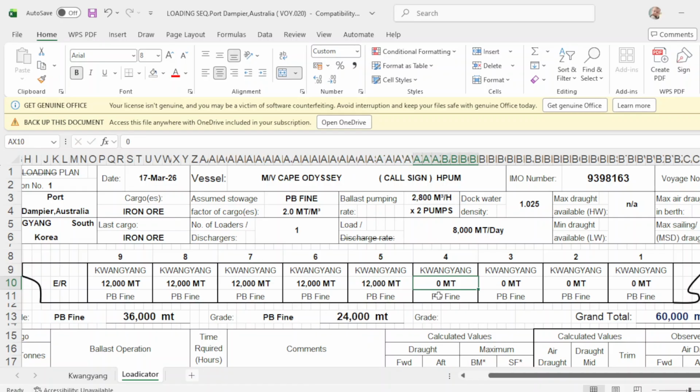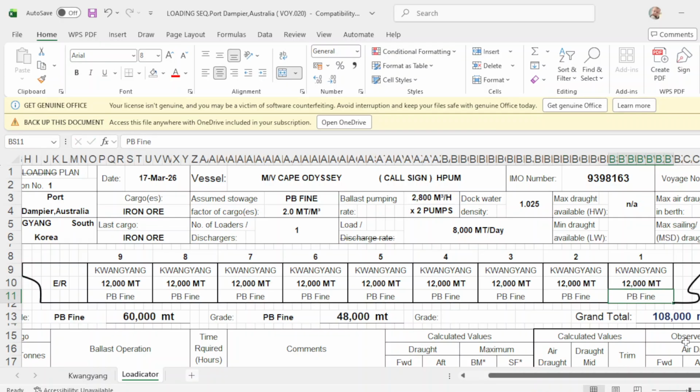Number 4, 12,000. Number 3, 12,000. And number 2, 12,000. And number 1, 12,000.